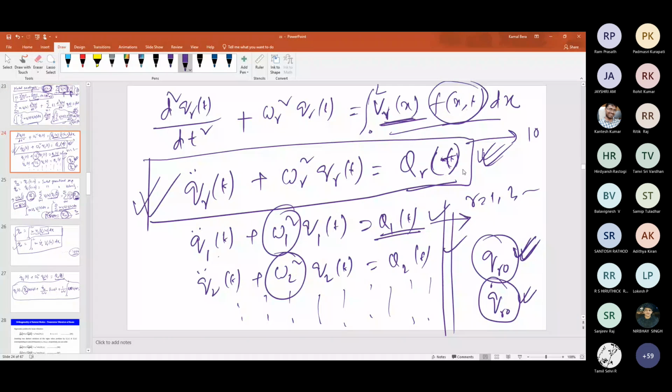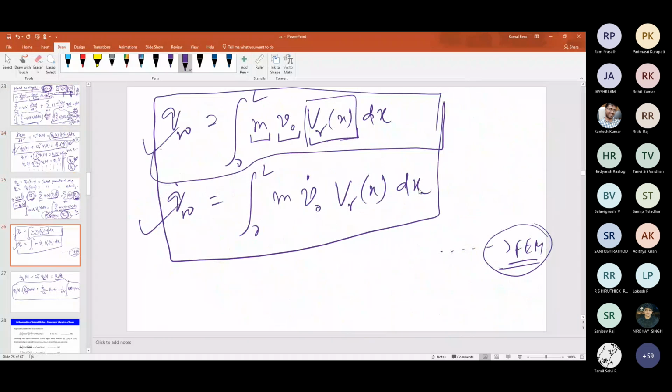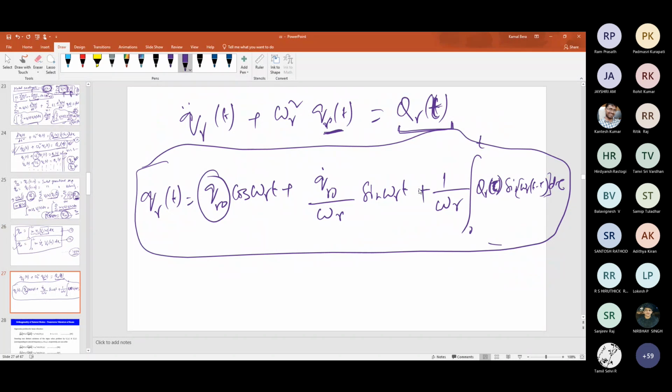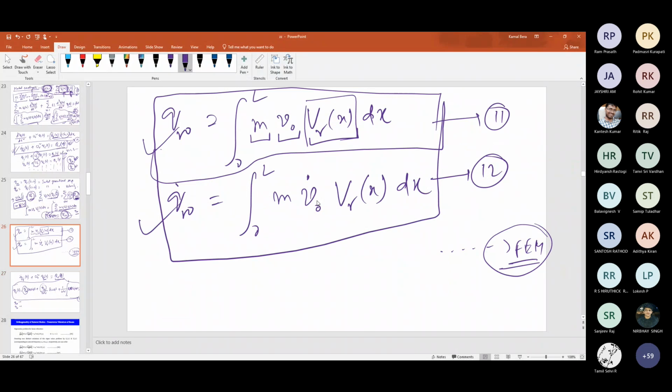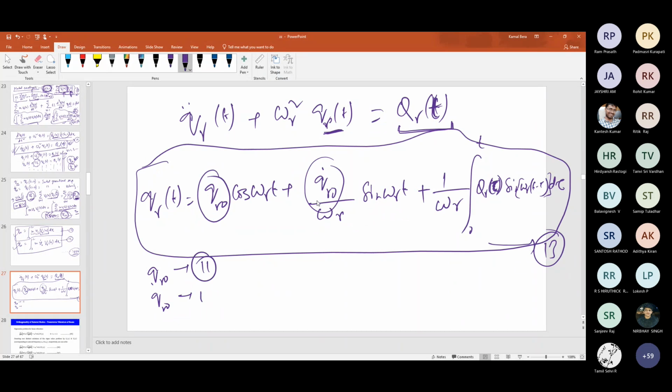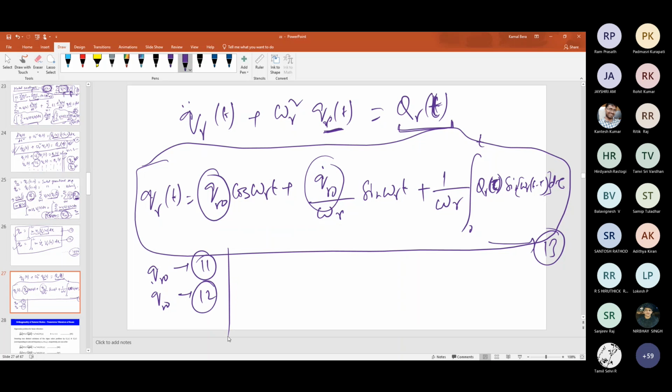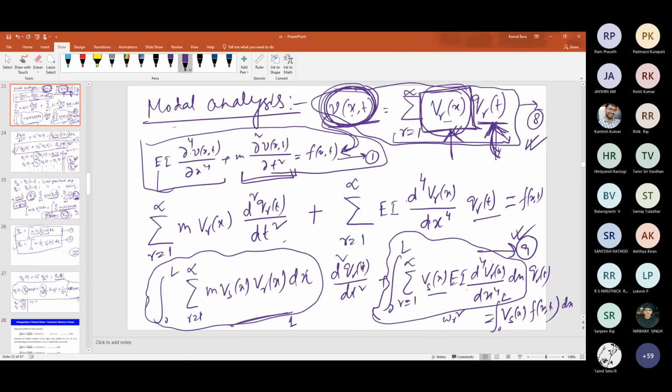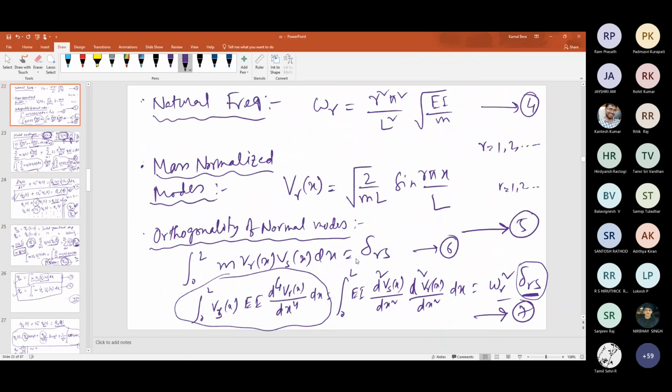This is 10, this is 11, this is 12, this is 13. So Q_r(0) and Q_r dot(0), you will get from equations 11 and 12. Omega_r is also required, right? Omega_r, from where will we find it? Go back, equation number 4.